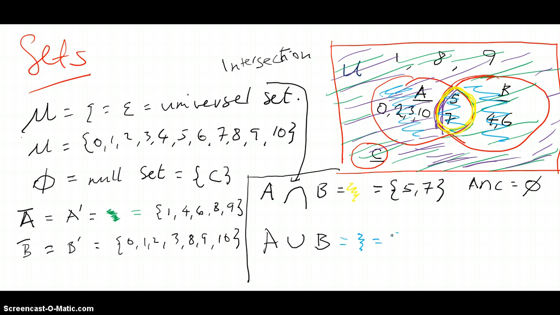So this set will be, in fact, 0, 1, 2, sorry, not 1. 1's not inside that set. 0, 2, 3, 4, 6, 7, and 10.